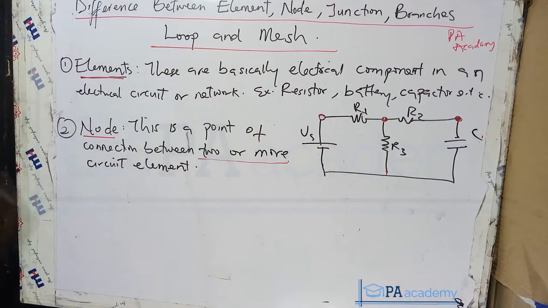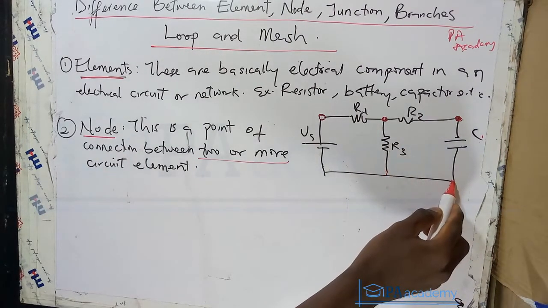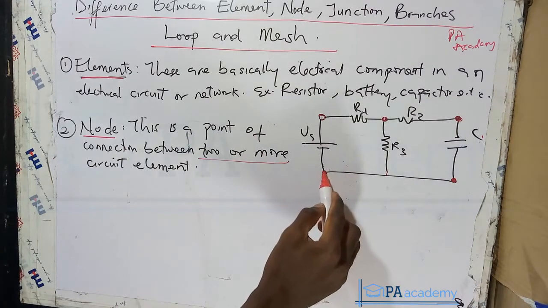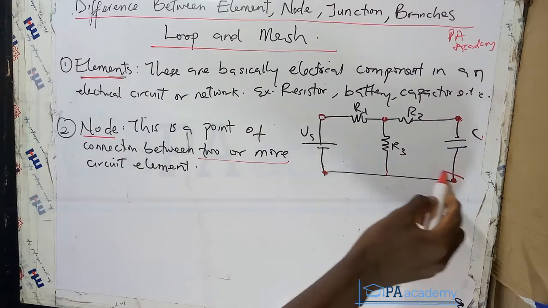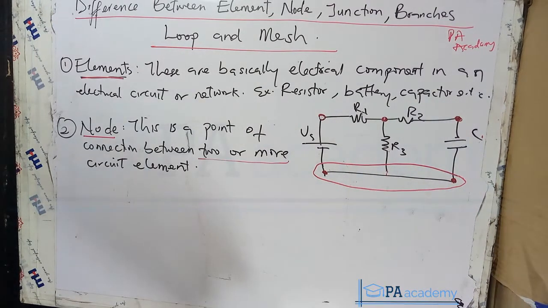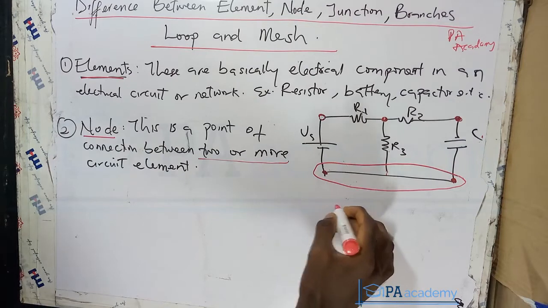Another thing is this. If you look at this part here, we cannot call it a node. We cannot also call this a node. But if you take them together like this, it is a single node. I hope that is clear. And the reason is this. If we redraw this diagram, we can also have it like this.